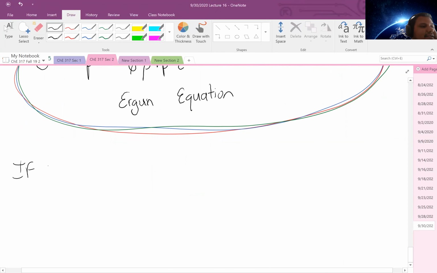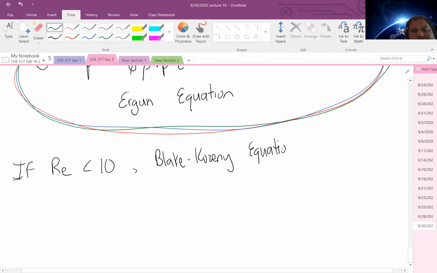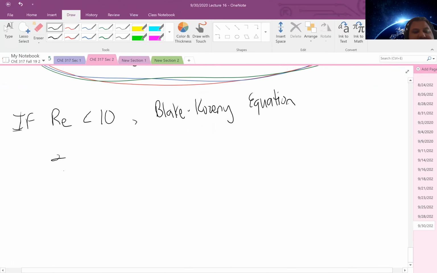So if our Reynolds number is less than about 10, we can rely on what's known as the Blake-Kozeny equation, which simplifies the Ergun equation to the first term.